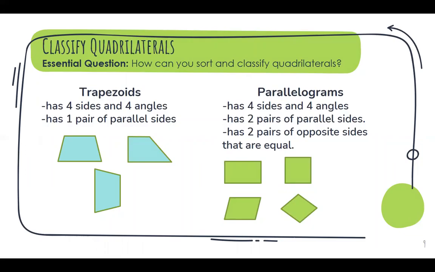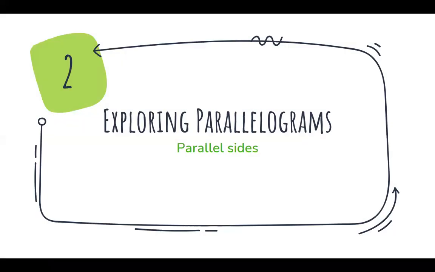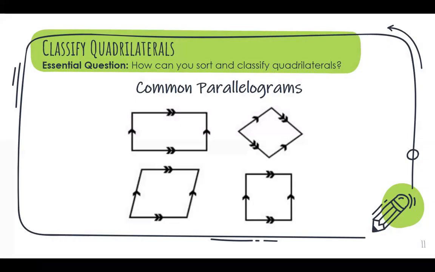Now, focusing this time on parallelograms, we will check their side lengths and angles. Here are some common examples of parallelograms. Some of you might already be familiar with what to call each of them, but in order to complete this lesson, let us look closely at their properties to make sure how we call the specific shape that we are given.